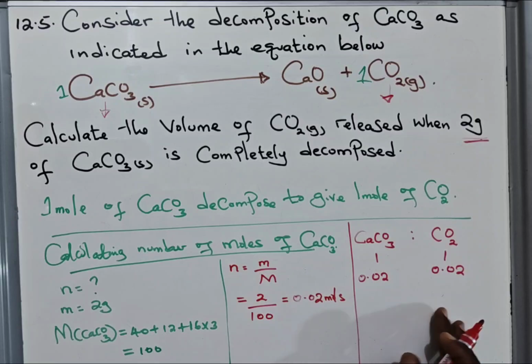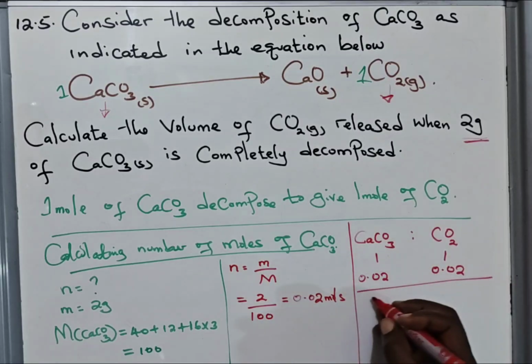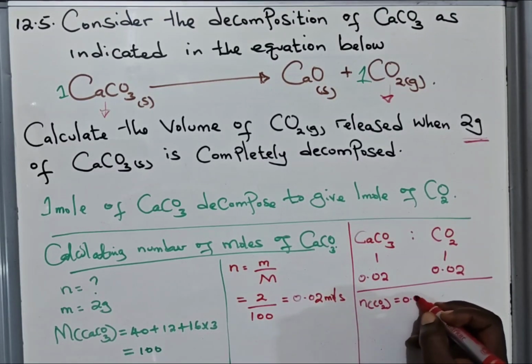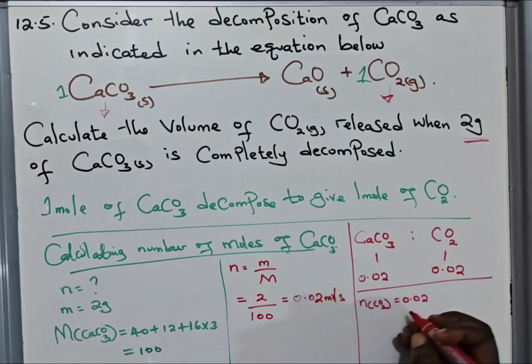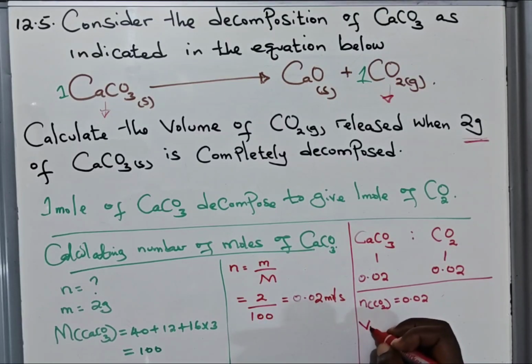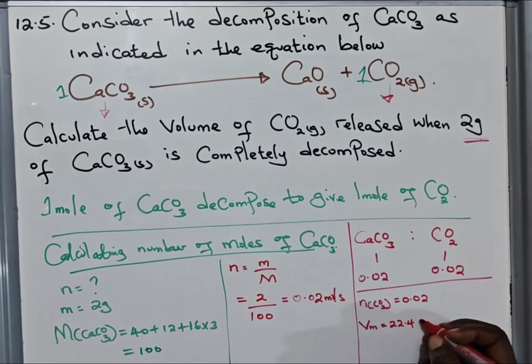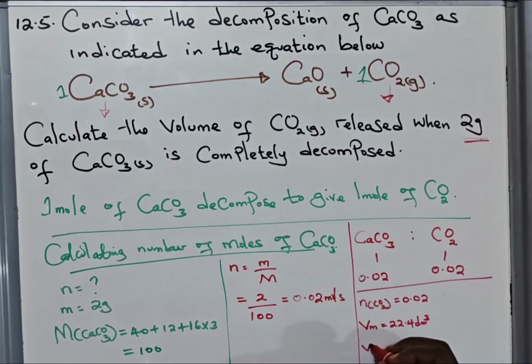So now we know the number of moles of carbon dioxide, and it is 0.02. And we know the molar volume at STP, and it is 22.4 cubic decimeter. And we are looking for V.